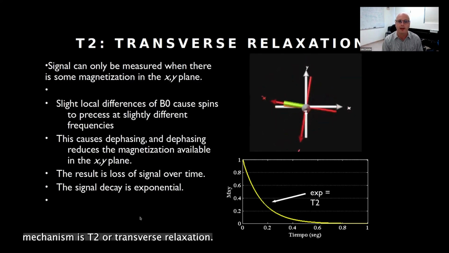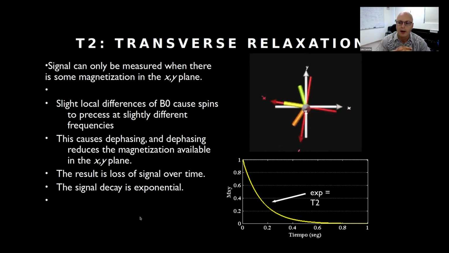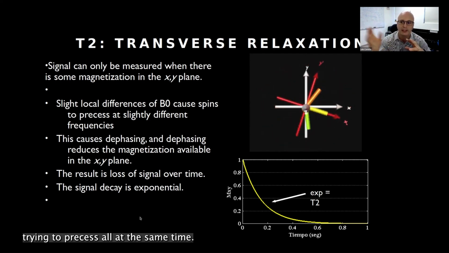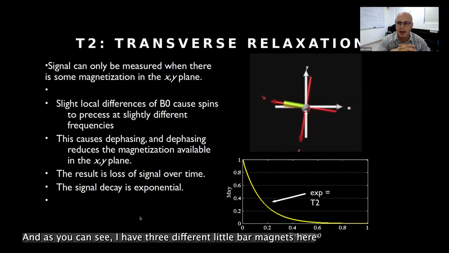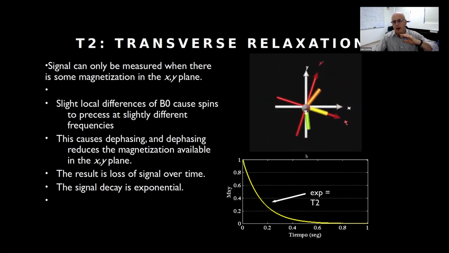The other contrast mechanism is T2, or transverse relaxation. Here we need to think of ensembles of spins that are trying to precess all at the same time. And as you can see, I have three different little bar magnets here that are precessing right after we turned off the radio frequency coil.